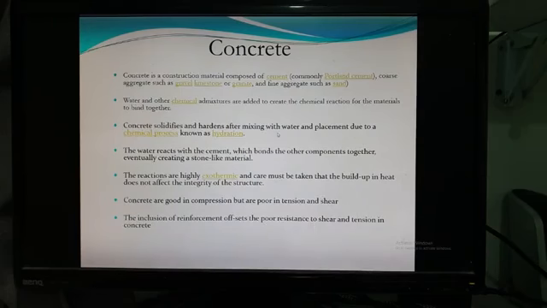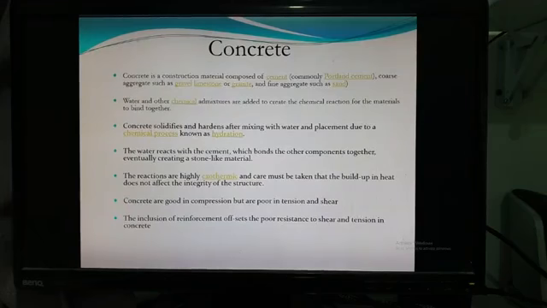So when the concrete has been mixed with water and put into place where it will not move around anymore, the process of hydration or the curing process will start to happen. In this process, the water reacts with the cement, and then it bonds all the components, the sand, the granite, the cement.